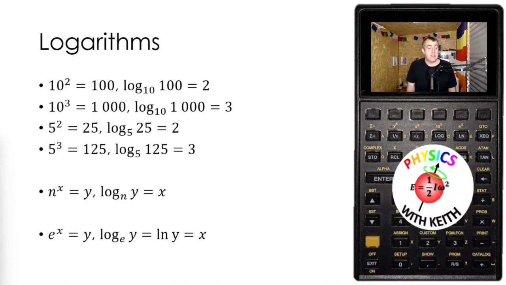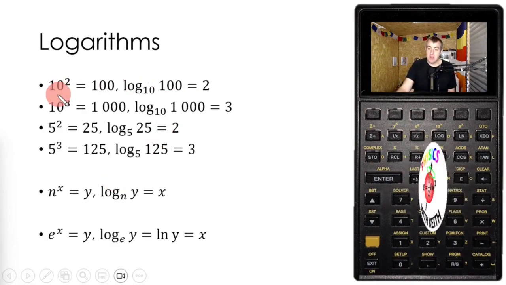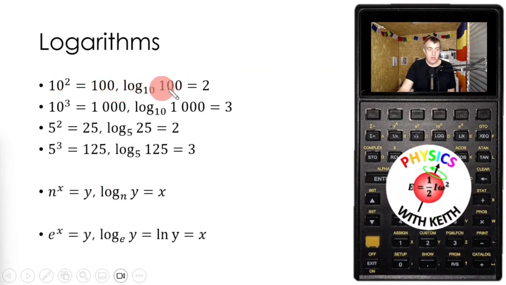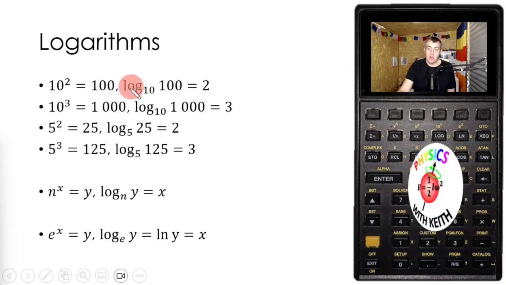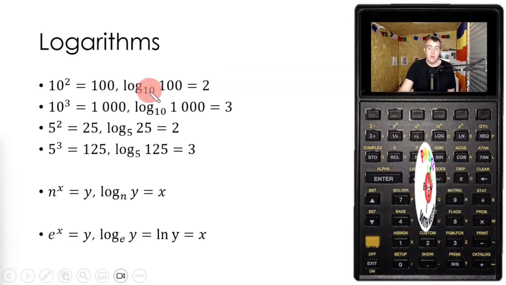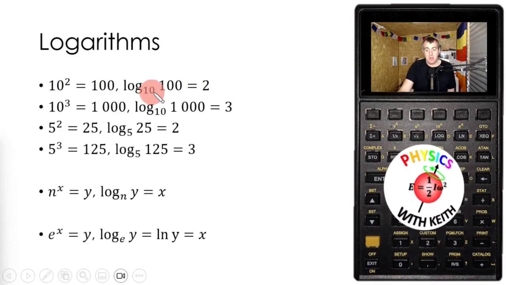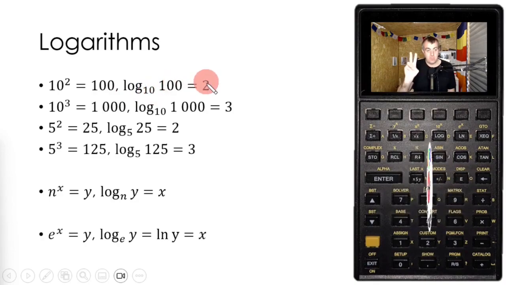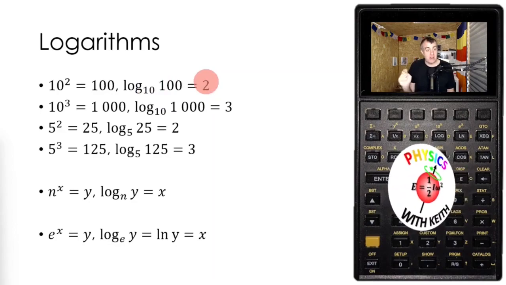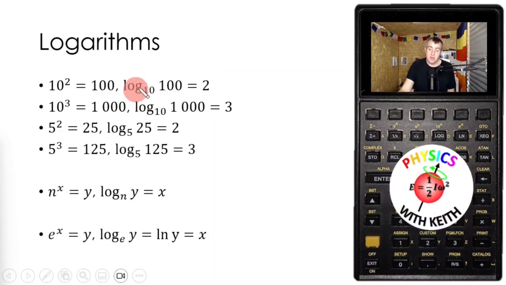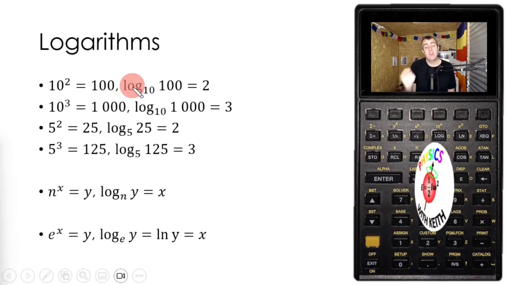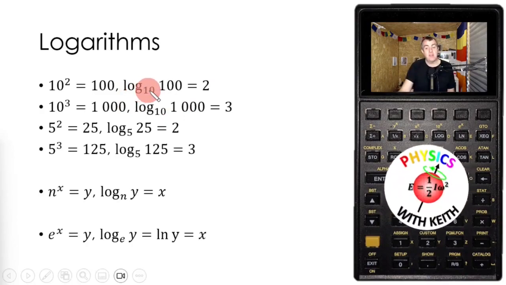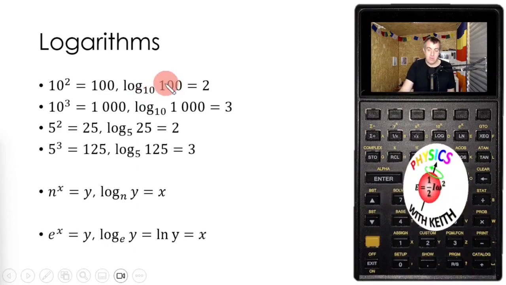So we could write the same number here, 10 to the power of 2, as 100. What this notation says is that the logarithm, when you've got a base of 10, that is equal to 100, is a logarithm 2. Remember that logarithm is just another name for power. So this function, log, returns the power on that base that is equal to this value.